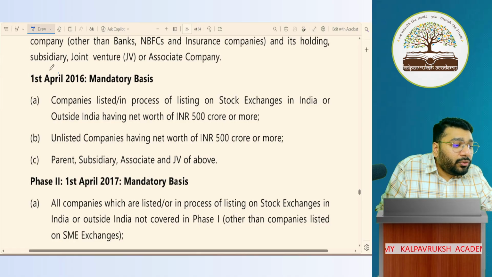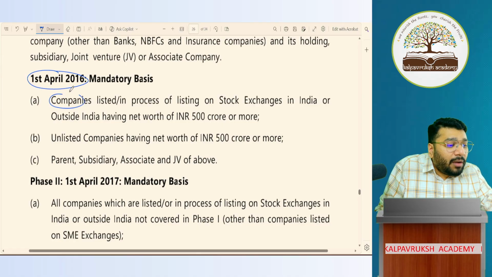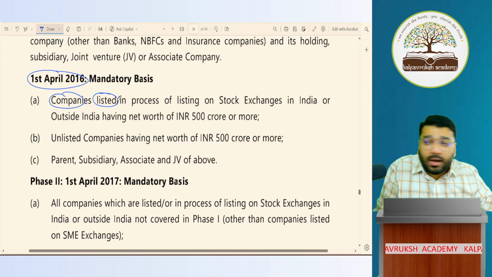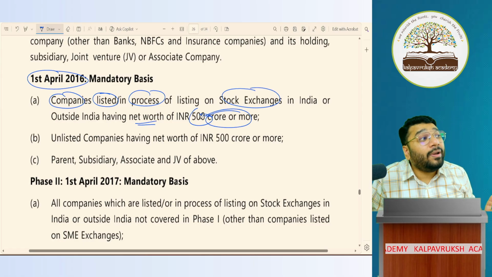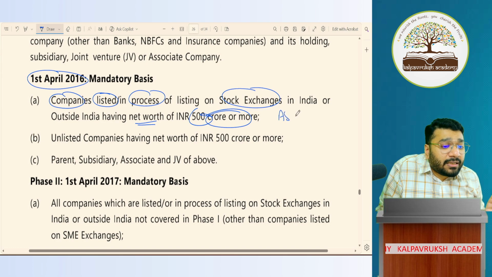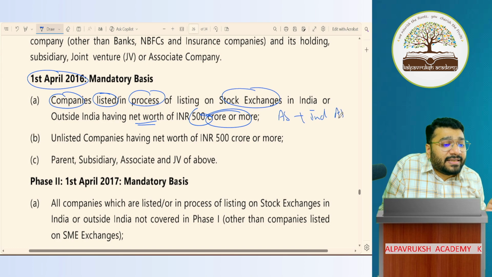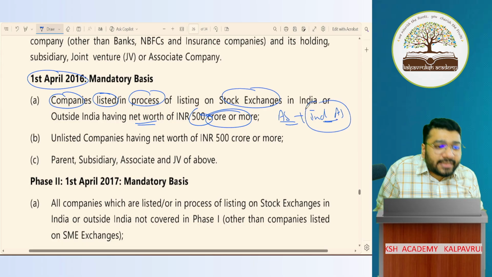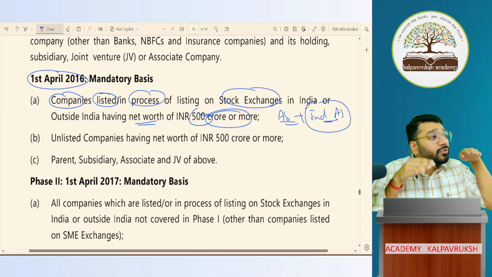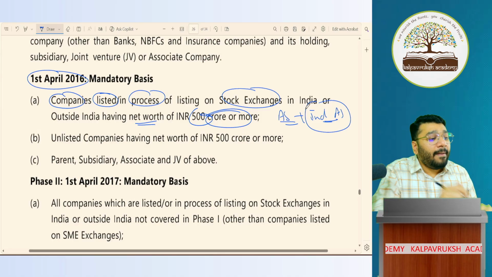So from 1st April 2016 onwards, all the companies which are listed or are in the process of listing in the stock exchange, having net worth of 500 crores or more, have to compulsorily follow Ind-AS. So they followed AS plus Ind-AS. Both of them went simultaneously because this was a trial period, a testing period. So we wanted to test how this has been done. Therefore, both these financial reportings were done parallelly.